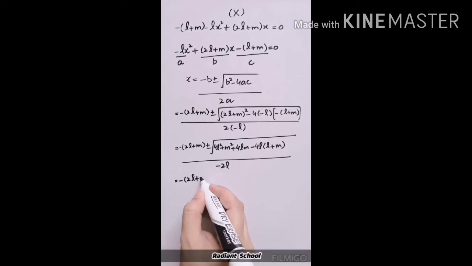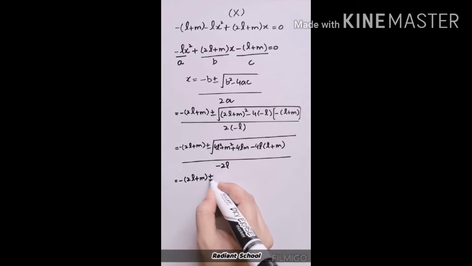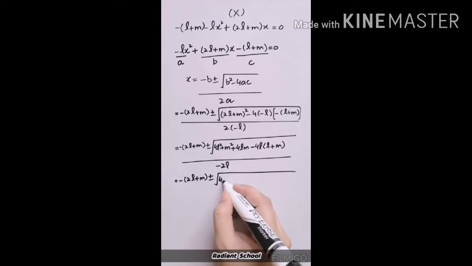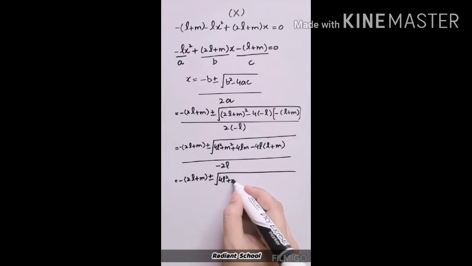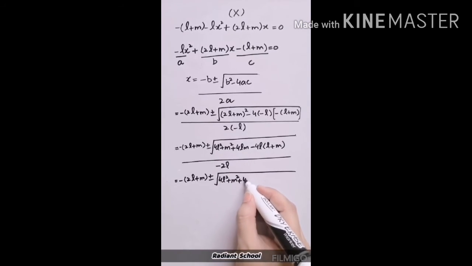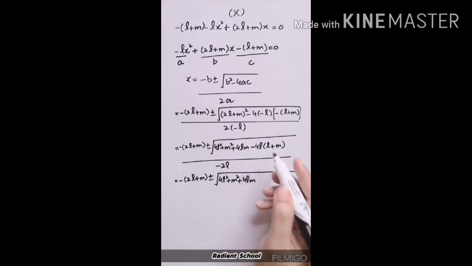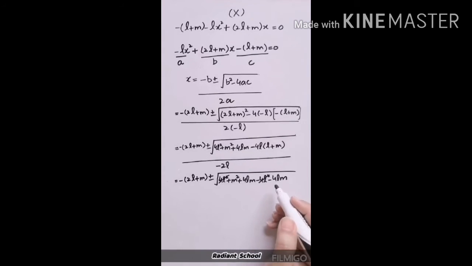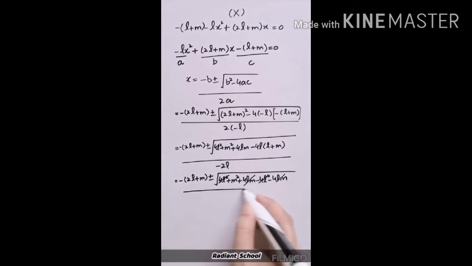2l plus m plus minus square root of 4l square plus m square plus 4lm minus 4l square minus 4lm. The 4l square and minus 4l square will be cancelled. 4lm minus 4lm will be cancelled, divided by minus 2l.